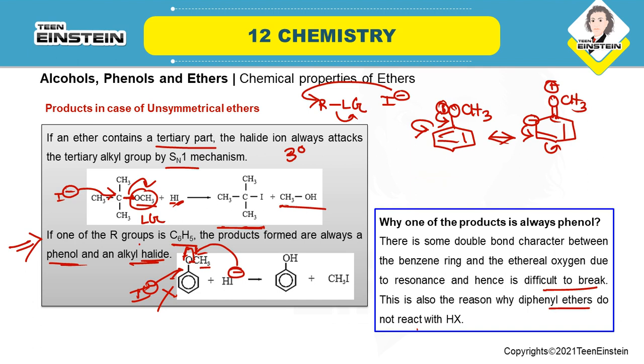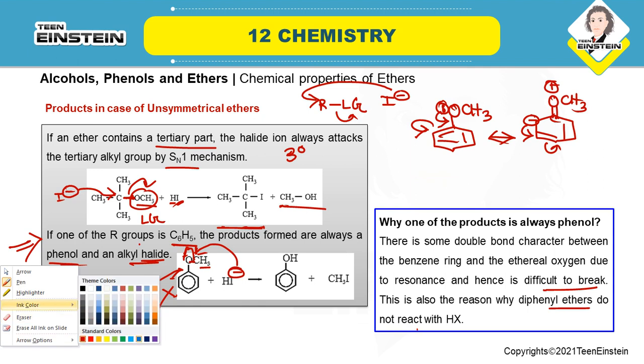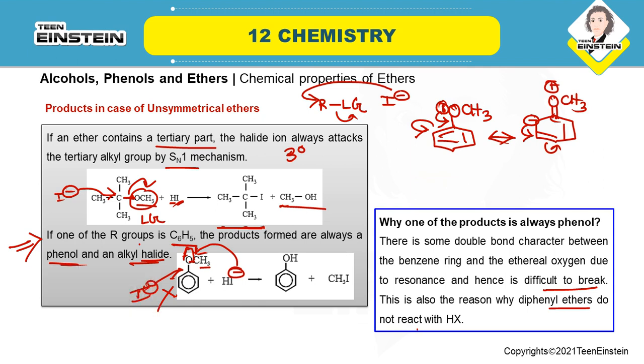So in this case, on one side you have methyl and on the other side you have phenyl. But suppose both sides have a benzene ring, then what will happen? A benzene ring attached to oxygen, and another benzene ring. Now on both sides there will be some double bond character between the oxygen and carbon.